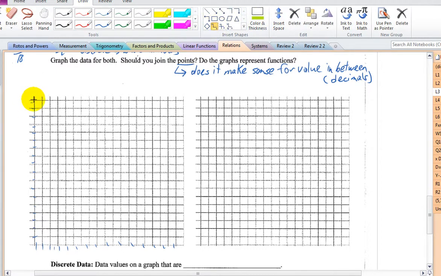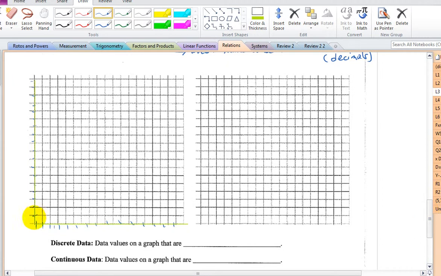Okay, so using a ruler, make a grid. Now you don't have to count each one, right?